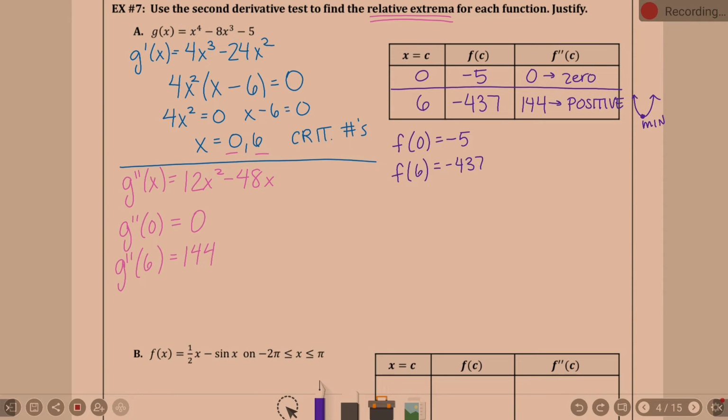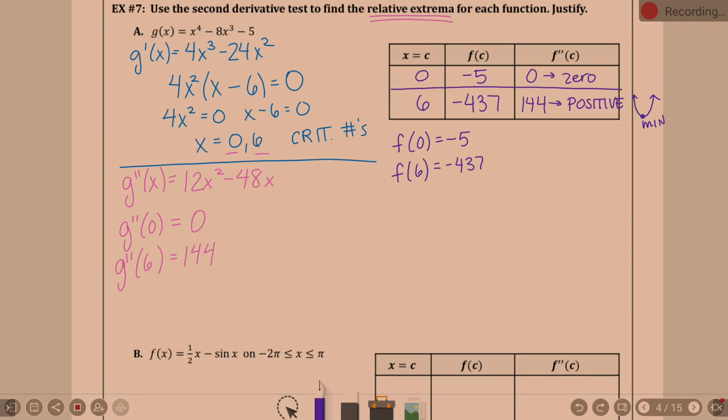Because the second derivative is positive, that means concave up, and a concave up section of a graph is going to result in a minimum. This one, because it's 0, it's not going to be a min, it's not going to be a max, it's probably going to be an inflection point. I can't say that definitely, but that's probably what's going to happen.